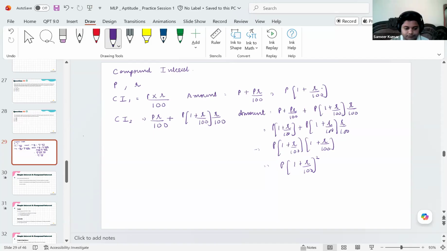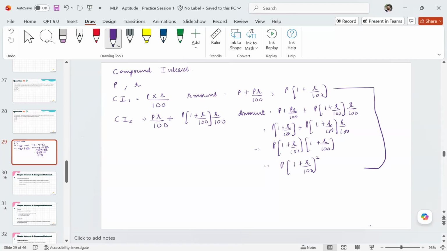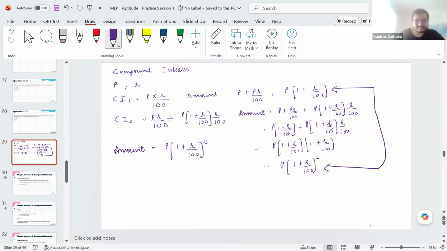So then do you see a pattern between these? Pattern is what becomes the formula. Amount in case of compound interest is equal to P times 1 plus R upon 100 to the power of T. If it's the first year, it's going to be 1, second year, 2, third year, 3, and so forth. Is that clear, everybody? Yes, sir. Okay, good.